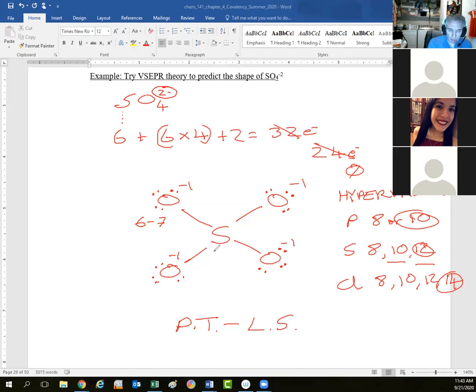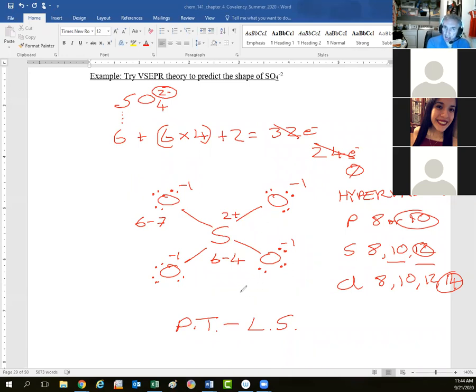Now the sulfur, which we're really interested in, it should also control 6, but it controls just 1, 2, 3, 4 of the 8 electrons around it. Remember, these are shared electrons. So there's a charge on the sulfur of +2.